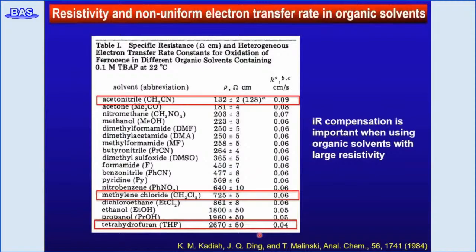Here are the resistivity of various organic solvents and the electron transfer rate between the electrode and ferrocene listed. The resistivity increased by a factor of 20 from acetonitrile to tetrahydrofuran.